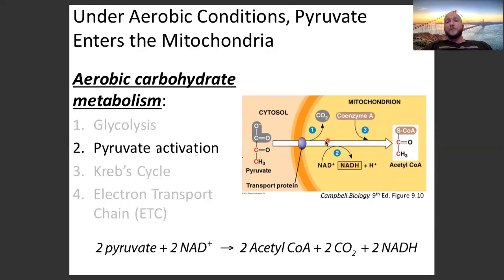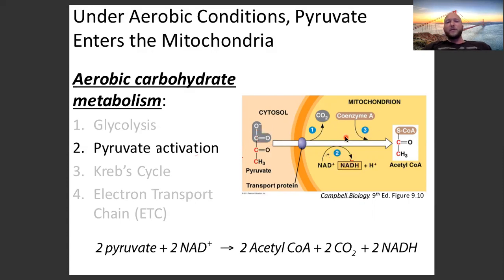We also turn a couple NAD pluses into NADHs. And remember, NADHs are molecules that carry a lot of electrons, like high energy electrons, and we're going to use those to produce more energy, more ATP later on. So, pyruvate, you gotta activate it, you gotta move it into mitochondria.